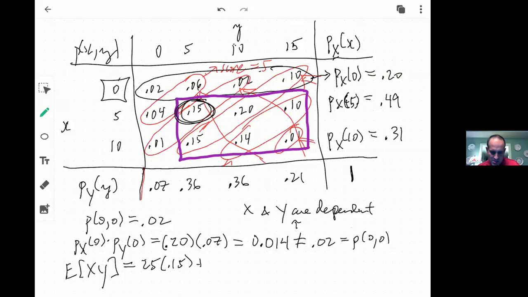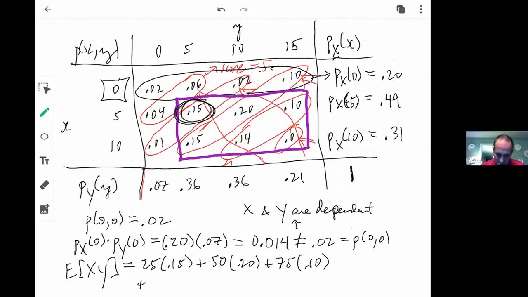Well, that's 50, and that happens with probability 0.20. And then I have 5 times 15, which is 75, and that happens with probability 0.10. I just went across the first row of things that contribute.